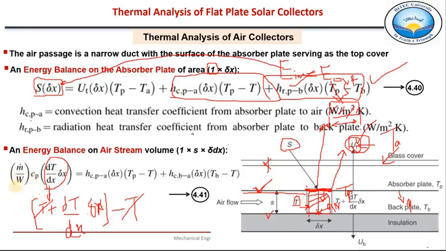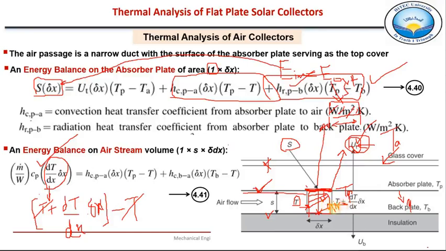And what is m dot divided by W? Here we are taking it per unit area, so per unit W, the width of this solar collector, right? So I hope this term is clear. That is the energy gain of the fluid, or the energy with which the fluid is leaving this element of length dx.